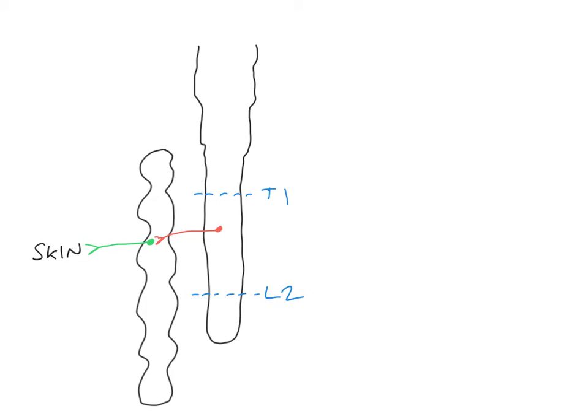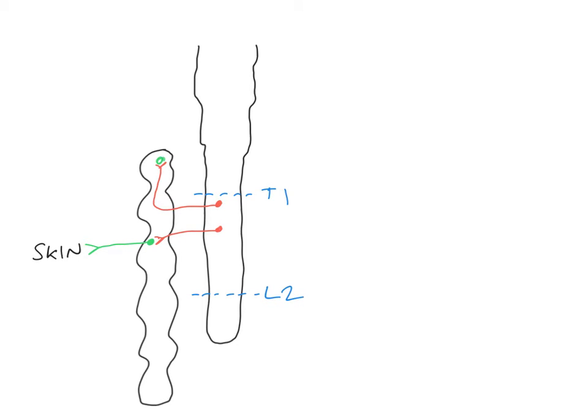The second set of sympathetics that we want to consider are those which sit around the T1 cord level. They enter the sympathetic chain and then they ascend. They go up through the sympathetic chain and then they synapse.